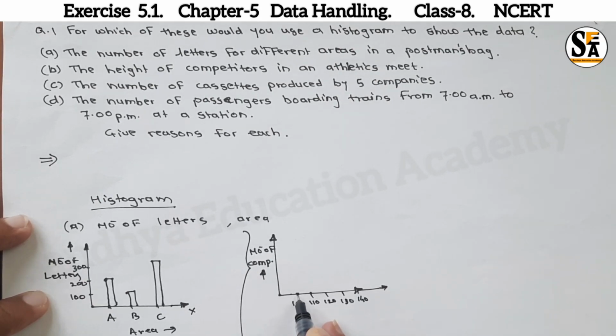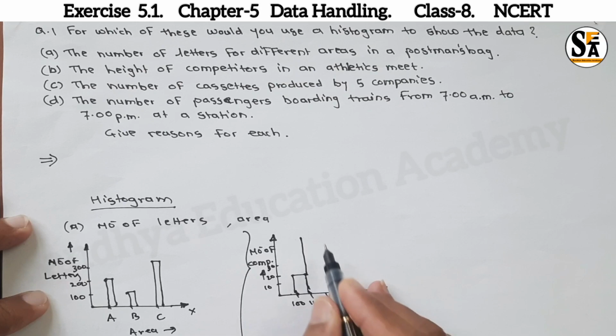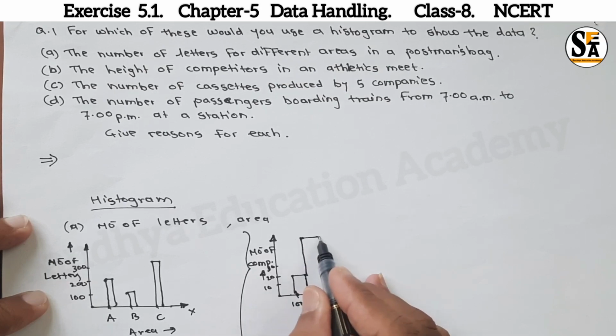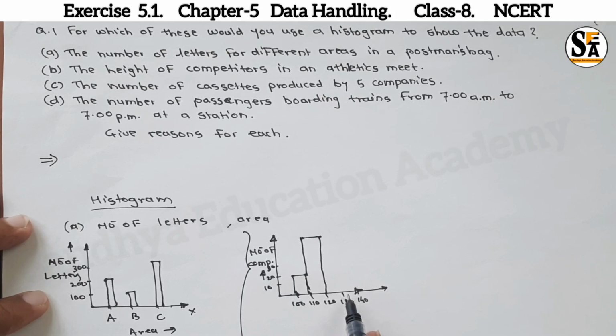Suppose for 100 to 110, for this group, with the scale 10, 20, 30, 40 like this, there are 20 competitors, so this will be the first bar. For the next interval, 110 to 120, suppose there are 100 competitors, so we can put it like this. For the next interval, suppose there are 50, this will be the next bar like this.